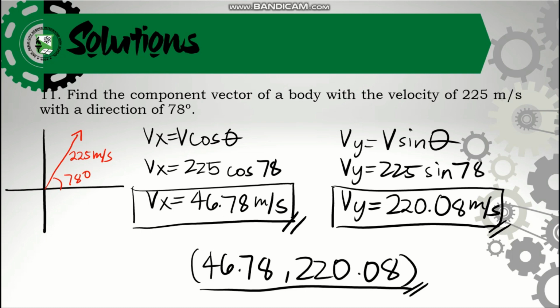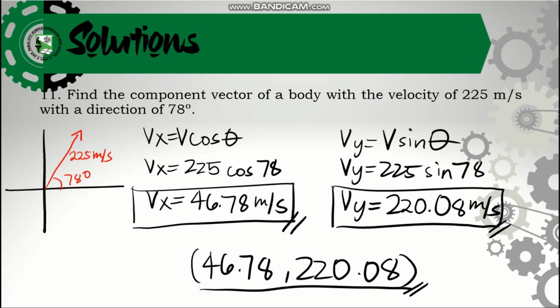So same lang din naman, x will be 46.78. You don't need a unit for coordinates because that is the one that we are supposed to graph or put in the graph. So no need for a unit if the question is coordinates. So that is the form for coordinates.